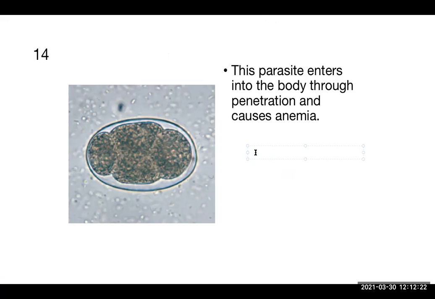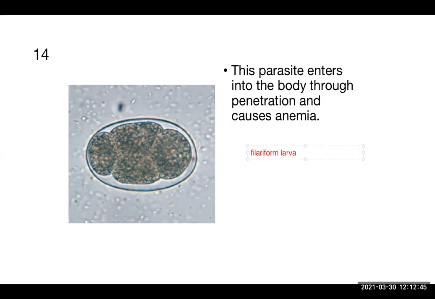Good. This egg typically looks like a hookworm egg, and this is a very typical picture of a hookworm infestation. The larva of the hookworm enters into our body through penetration. That is known as filariform larva.